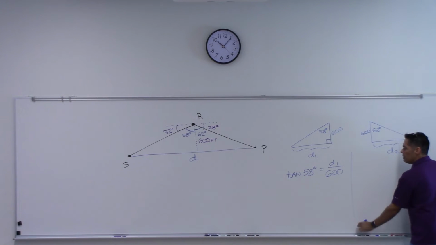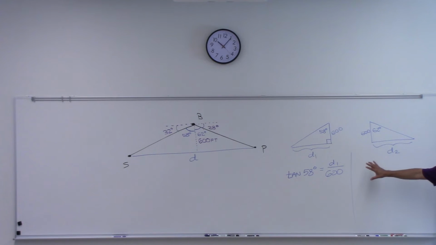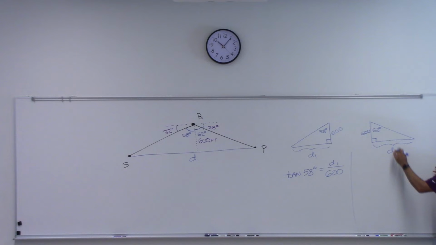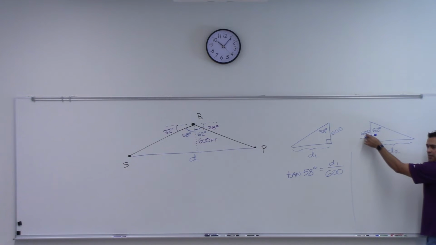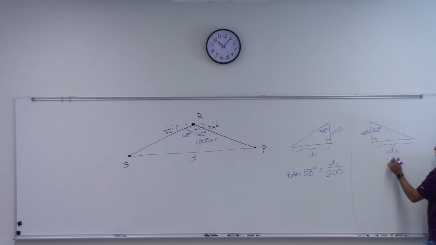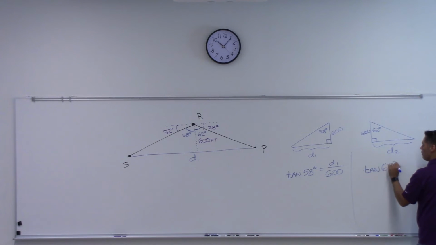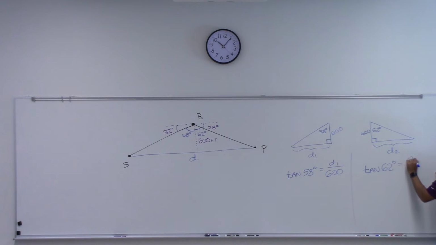There we go. That's my first equation off this triangle. How about this one? Same idea. We have the angle, the opposite, the adjacent, and the hypotenuse. So I can again write tangent, this time not of 58, but tangent of 62 must equal the opposite side, D2, over the adjacent 600.